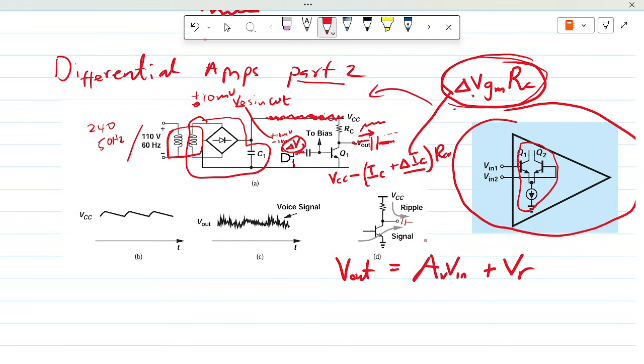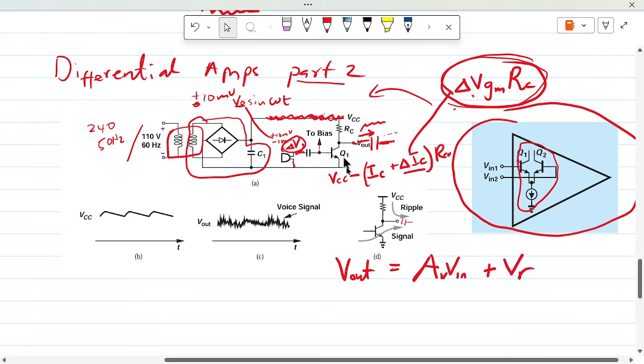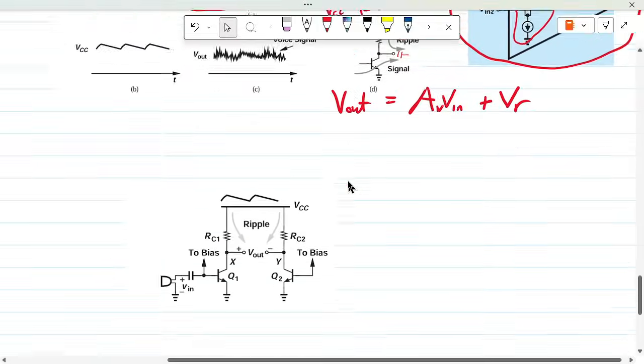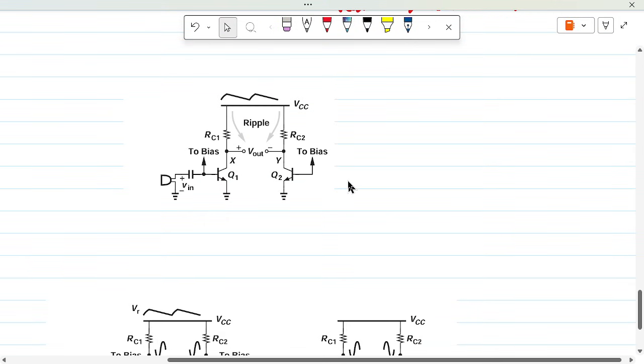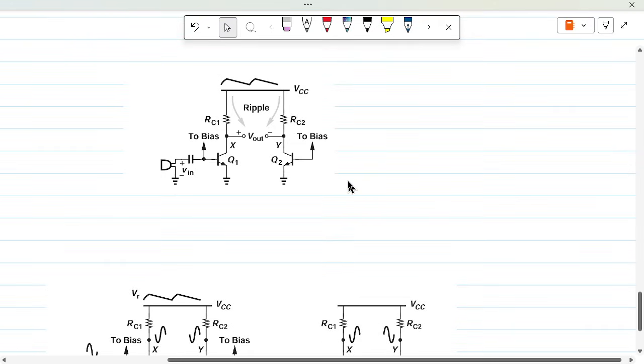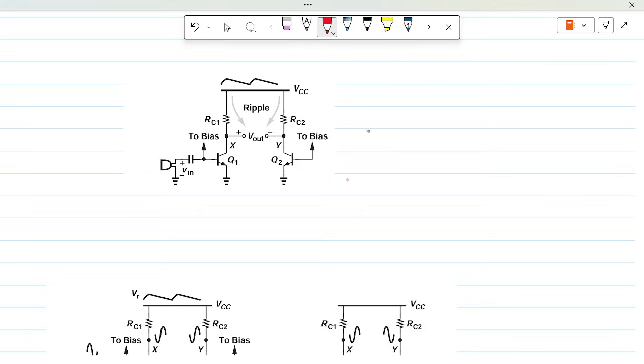So how are we going to mitigate this with the use of differential pairs? This is a typical example, as we've already seen.